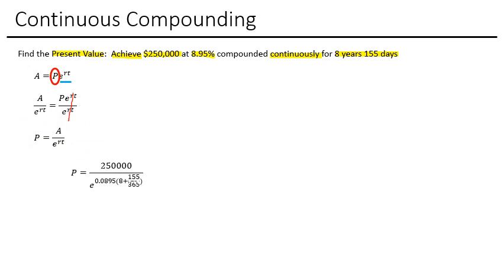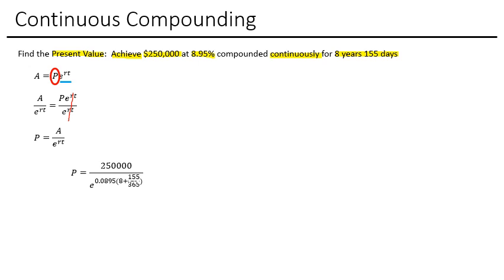So it does kind of look funny, and let's talk about this 8 years and 155 days. So if you'll notice here, the 8.95%, that's not a big deal, okay? So that's your rate, and you convert it into decimal form. Now, remember that your time has to be in years. So I know that I have 8 years, but then you also have this 155 days, which is part of a year.